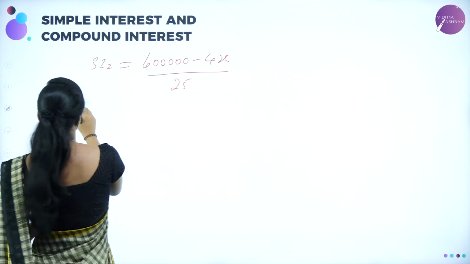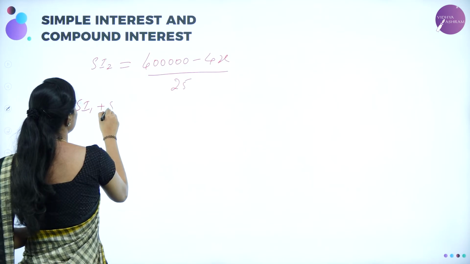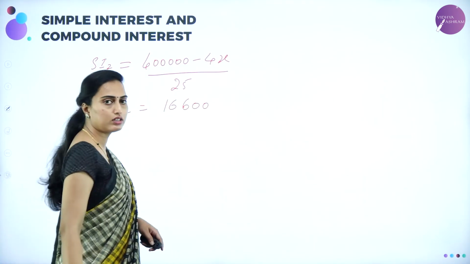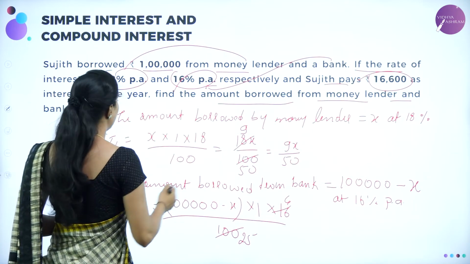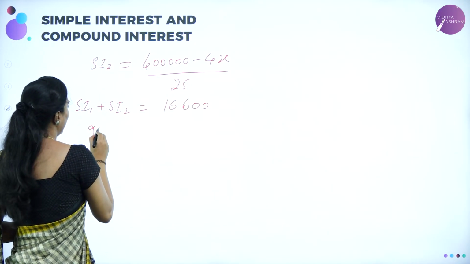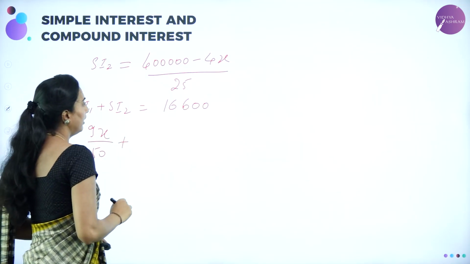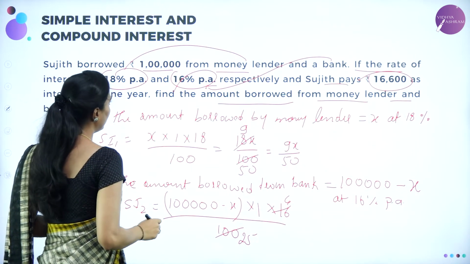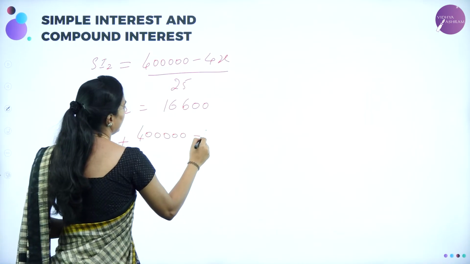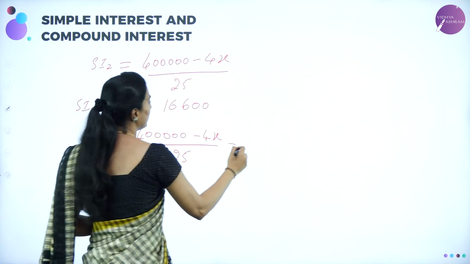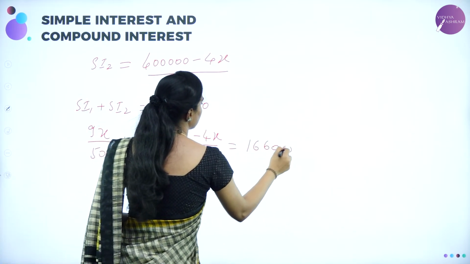Therefore total interest, SI1 plus SI2, is equal to 16,600. SI1 is 9x by 50 plus SI2, which is 4 lakh minus 4x divided by 25, is equal to 16,600.